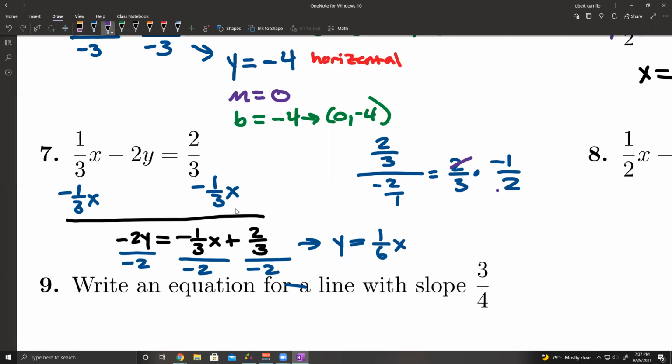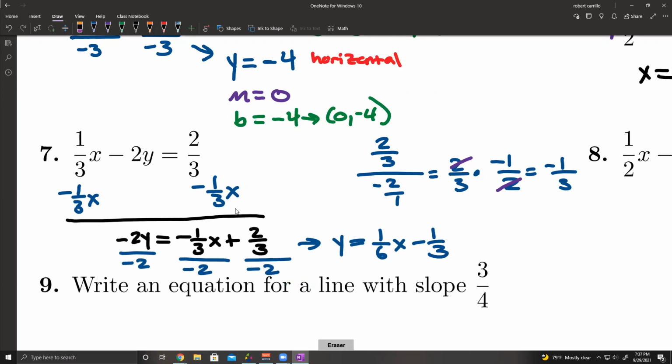Cancel. Cancel. So what are we left with? -1 over 3. -1/3. There it is.